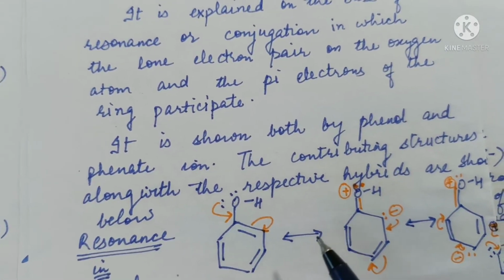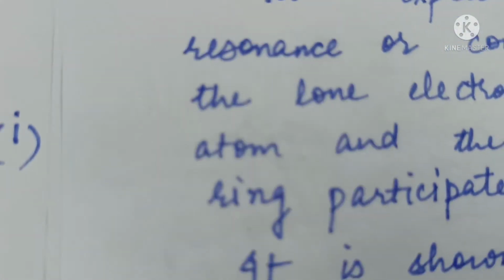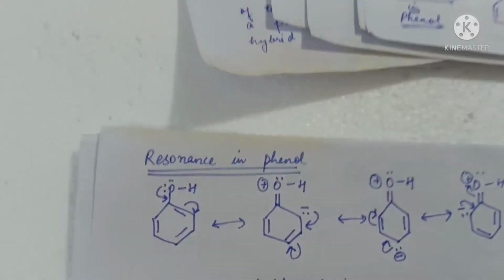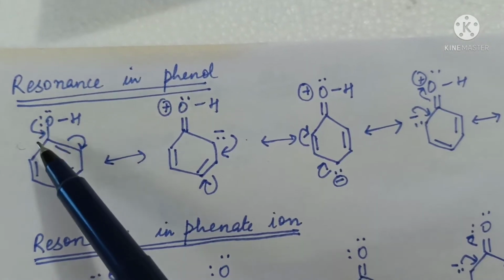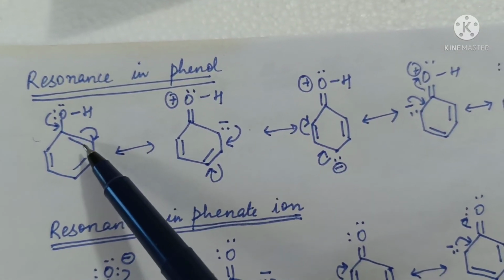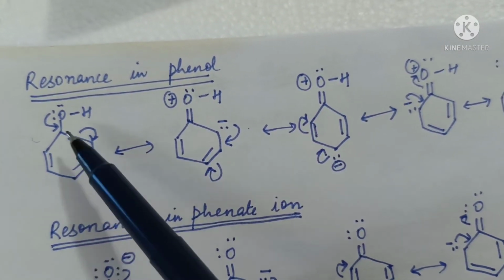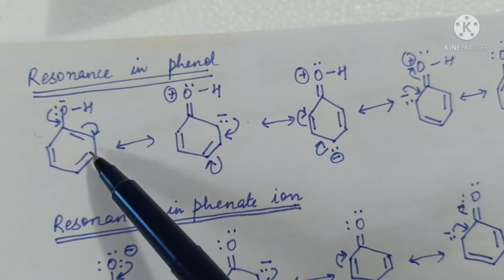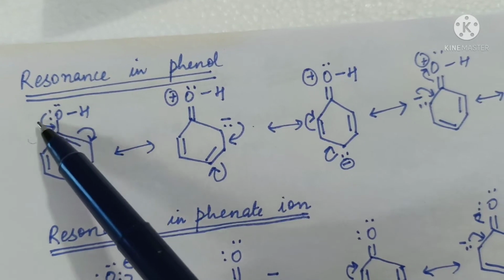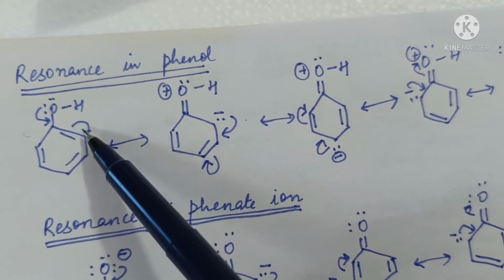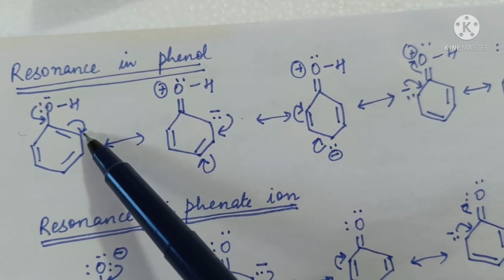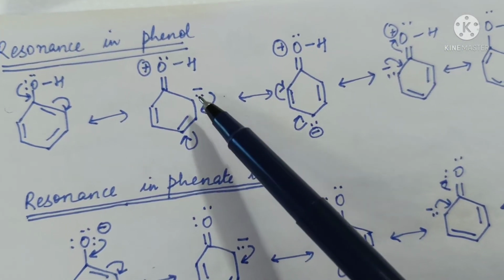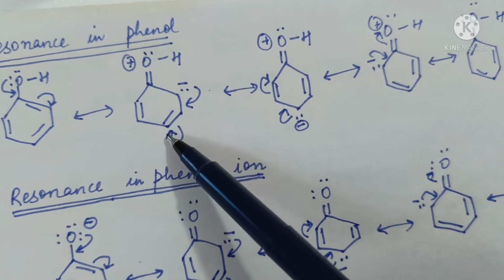Both phenol and phenoxide show resonance, but in case of phenol, in the resonance that occurs, the doubly bonded electrons of the benzene ring will pull the lone pair of electrons of oxygen towards itself. So these electrons move here and electrons are repelled to the next carbon atom. In the next structure, the electrons move to the next bond and these electrons to this carbon atom.